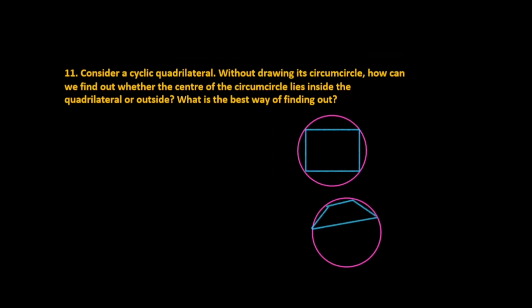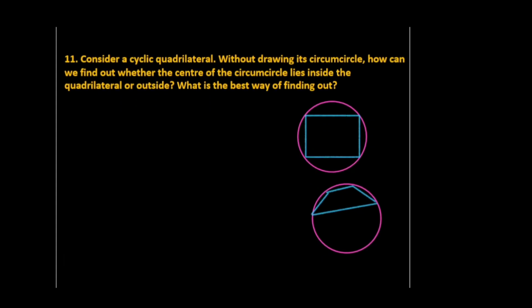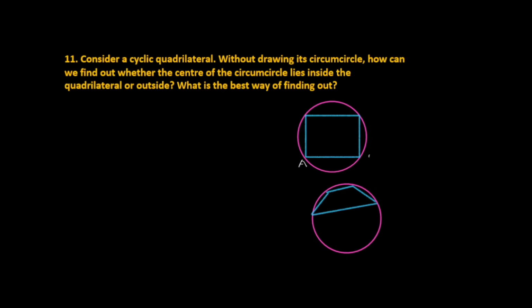Next, 11th question. Consider a cyclic quadrilateral without drawing its circumference. How can we find out whether the center of the circle lies inside the quadrilateral or outside the quadrilateral? What is the best way to find out? Let's take this quadrilateral ABCD. Here the center is inside.